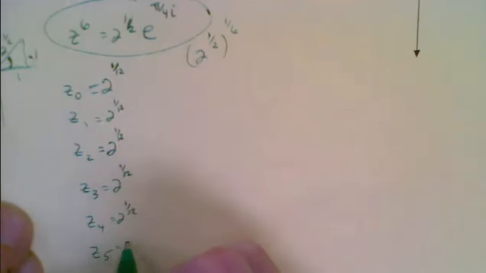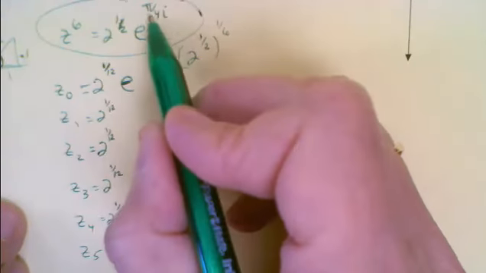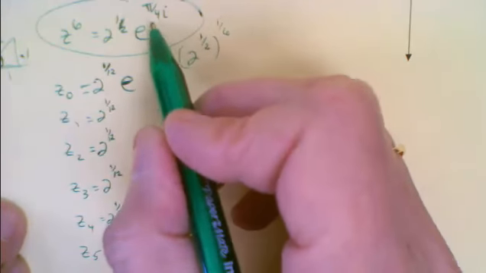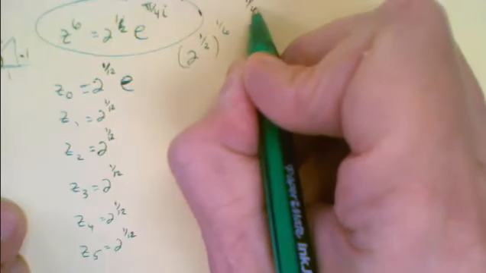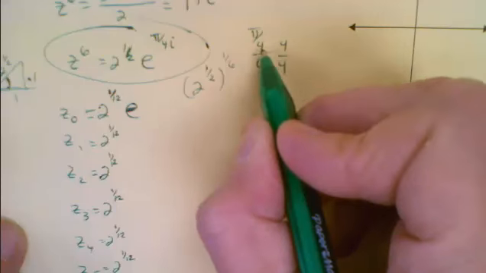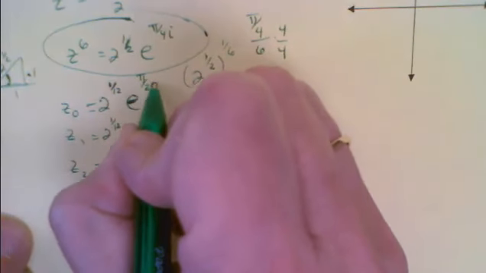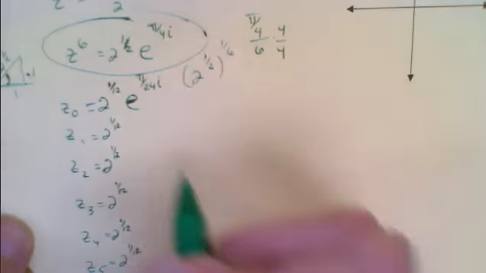All 6 answers. So that's the radius. The first angle, I'm going to take pi over 4, and I'm going to divide it by 6. So when I take pi over 4, divide it by 6, I'm going to get pi over 24. That's my first angle, pi over 24.